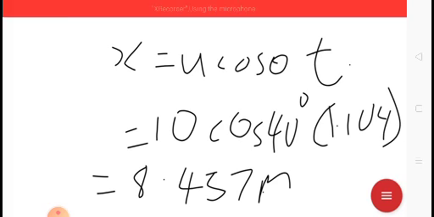If you want to give a correct answer to 3 significant figures, 8.46 meters away from the net. So this is the answer for part B.